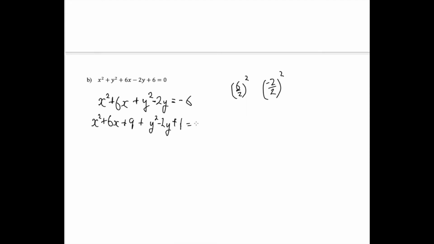Equals to minus 6. Now, remember the part that I said you should not forget? Because we added a 9 and a 1 to the left hand side of the equation, we have to add them to the right hand side, because that is fair. Okay, now we factorize. So remember how I said earlier, to factorize this, just take half of the 6, so x plus 3.